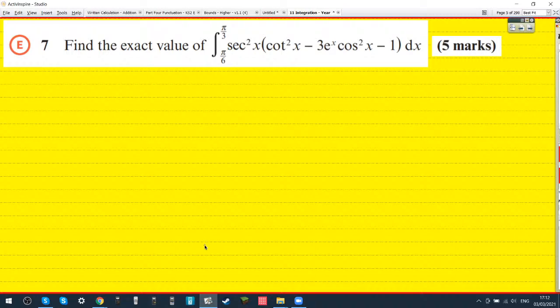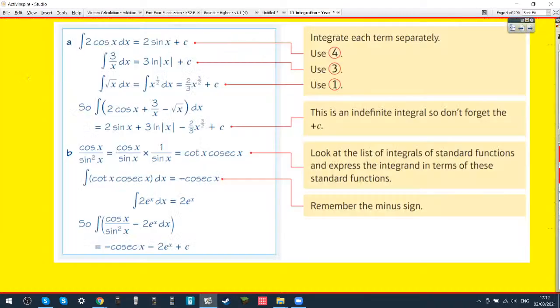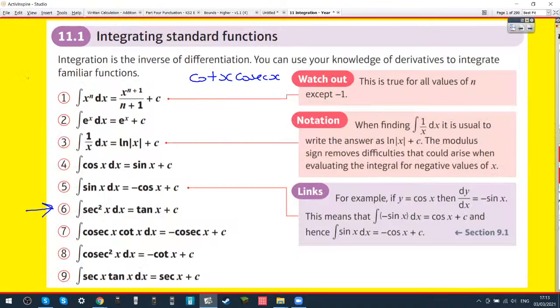Alright. How do we do this? So it's like a definite integral, but there's a lot of stuff in that bracket.